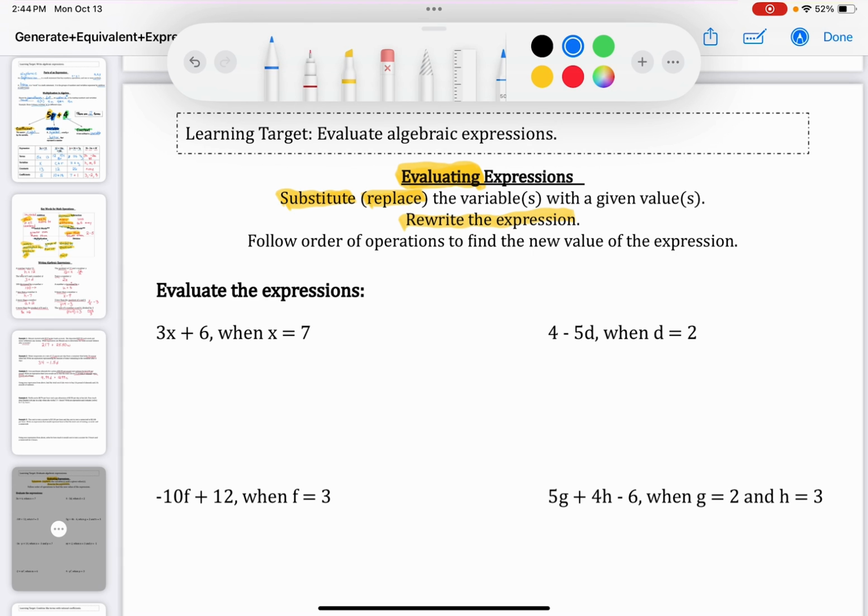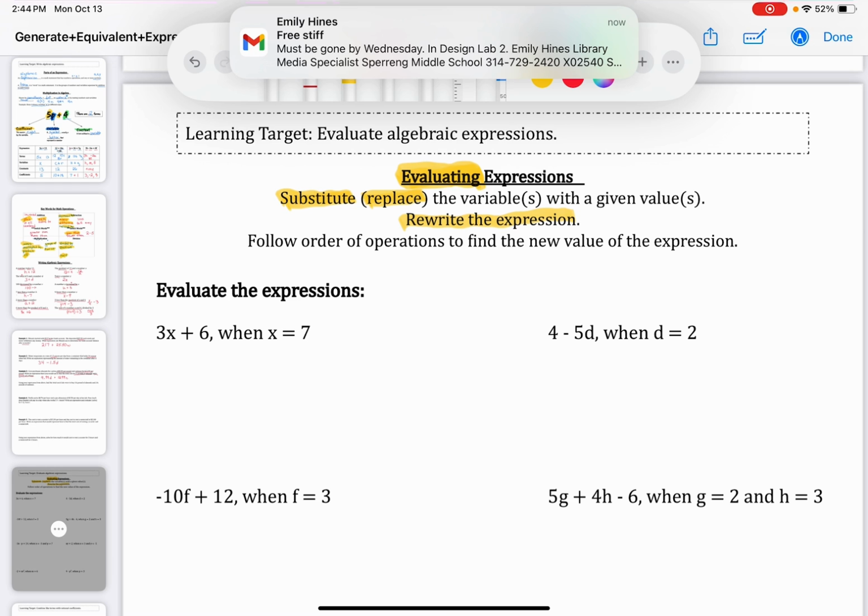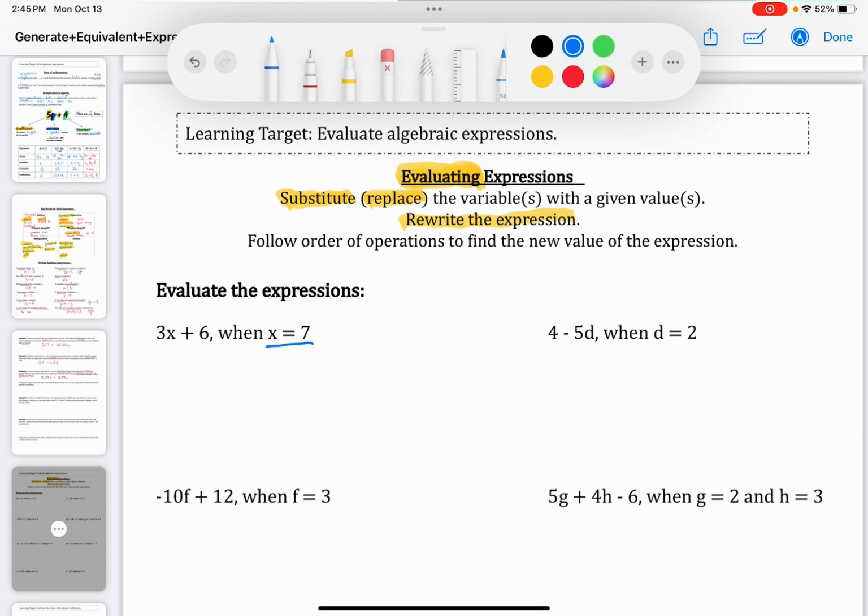We have 3x plus 6, which normally, if we were to say 3x plus 6, we wouldn't know what x was. But this time they said x equals 7. So I can plug that in and do 3, and in place of x, I'm going to put 7, plus 6.